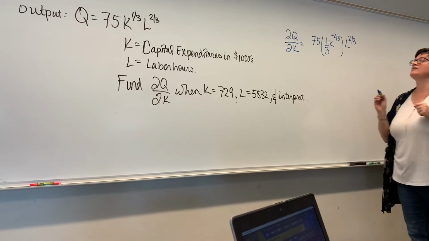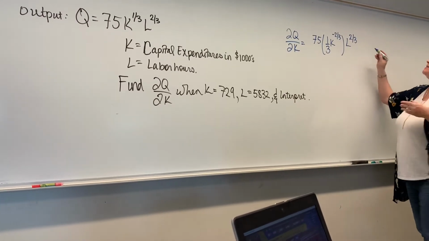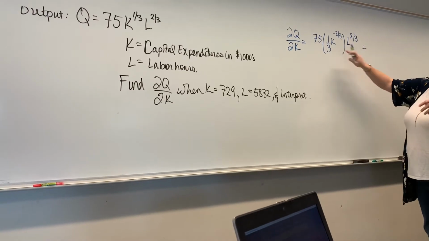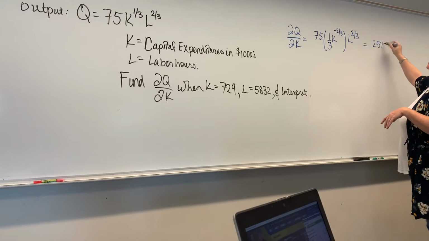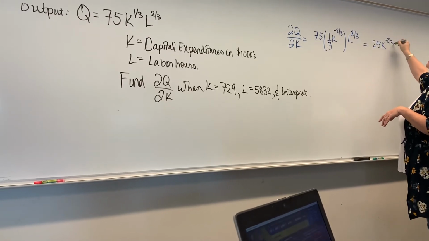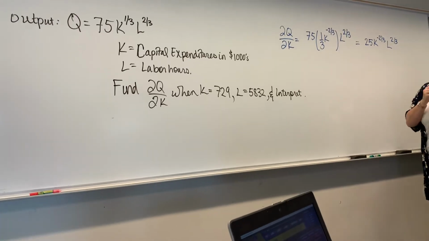Okay, so I could write it out like that, right? I can leave the 75 and the L to the 2/3 the same, and just take the derivative of K right in the center. So like Saeed said, I can make this 25K to the negative 2/3, L to the 2/3. So far, so groovy, guys?